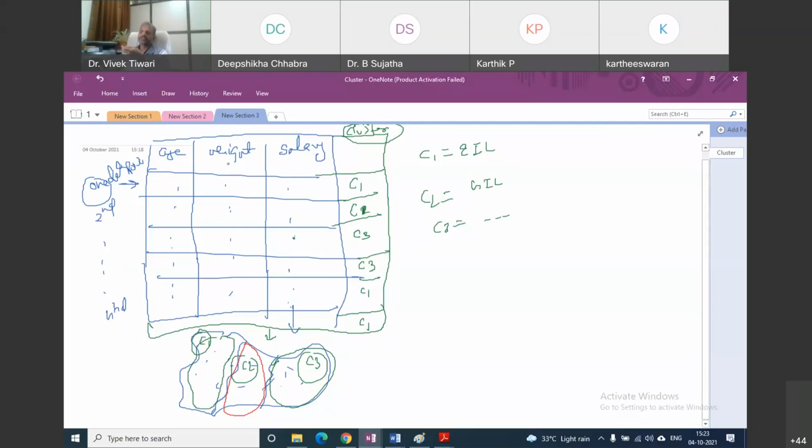So based on the characteristics, if you purchase electronic items most of the time, you will be marked automatically as an electronics item cluster. If you purchase grocery related items most of the time, the system will automatically place you into a different cluster. So it depends on the sales value, and age, weight, and salary are features. Based on the features, they are divided. Just for example, that's all.